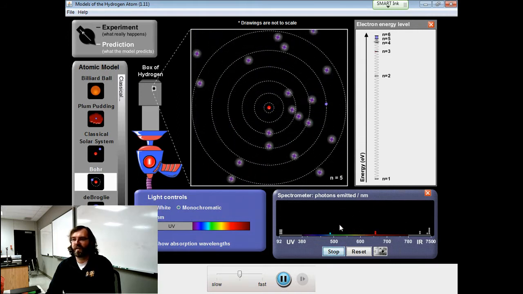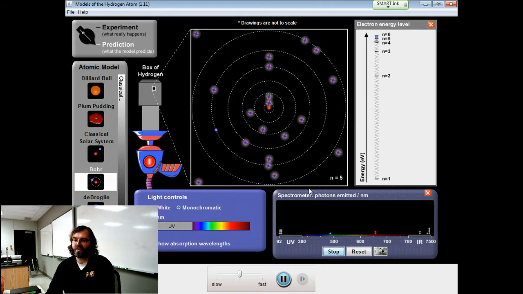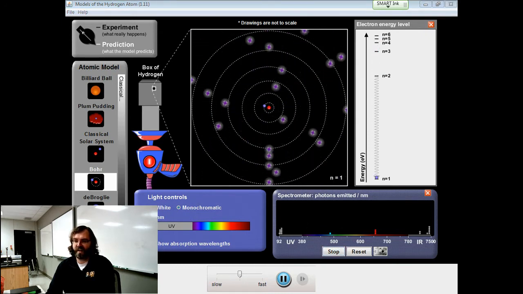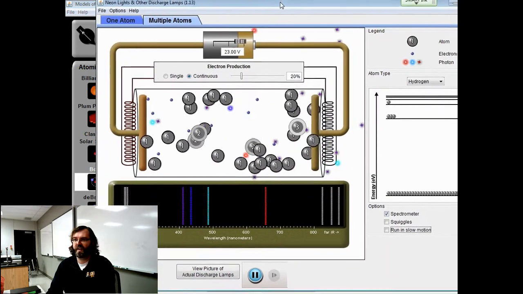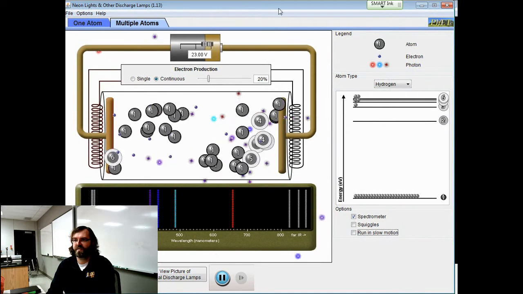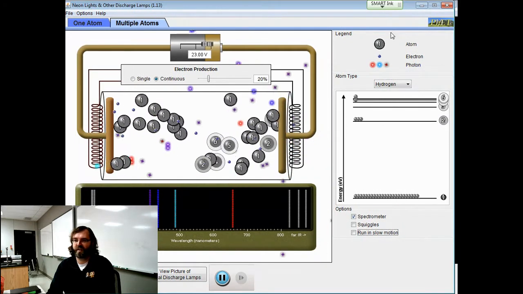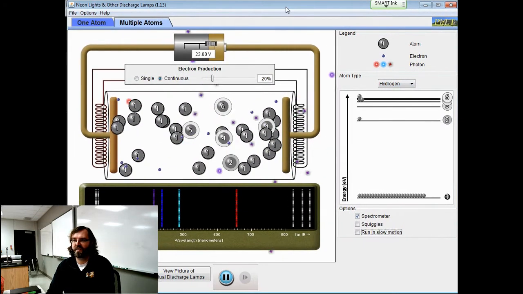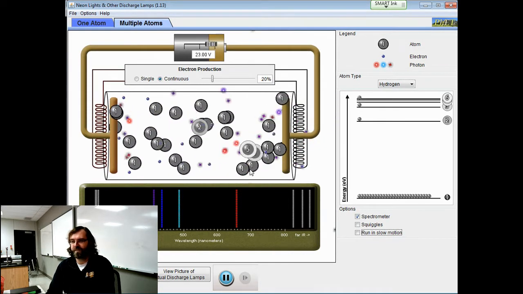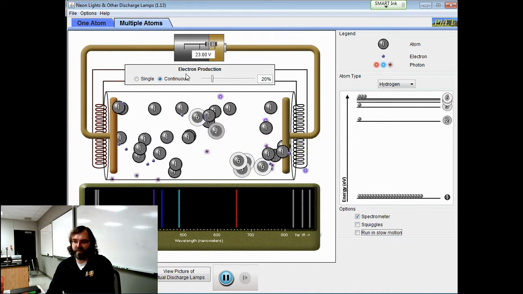Now this would take a while in this simulation, but let's look at another simulation where we are looking at hydrogen again, and instead of a photon of light, like a flashlight, giving the hydrogen atoms energy, we have a battery.